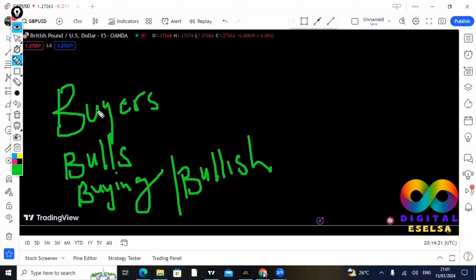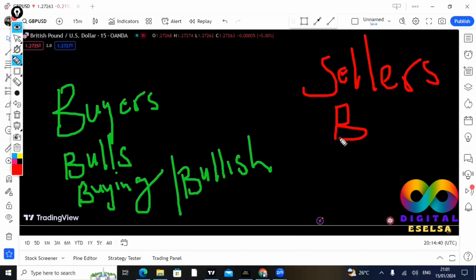It is the bulls that are controlling the market when the market is bullish. But when the market is bearish, you find out that it is the bears, which are the sellers, that are controlling the market. When the market is bearish, you say that the market is controlled by the sellers. And then the sellers can also be called the bears.